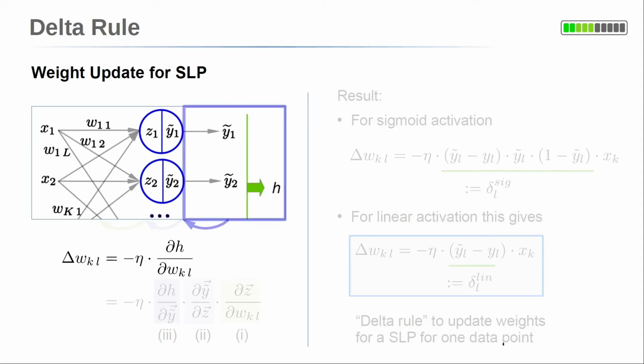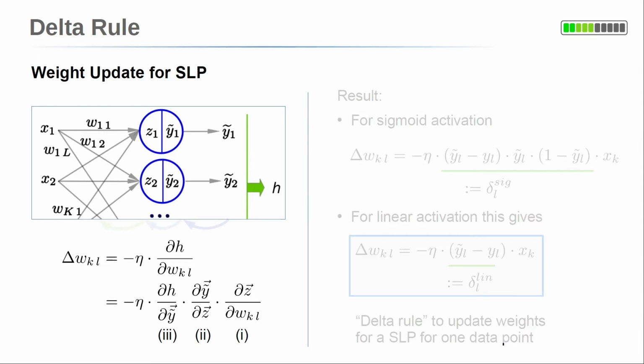The cost function depends directly on the output variables y tilde_l. The output variables are the activation functions of the corresponding summations. And the summations depend on the trainable parameters w. So we can express our component of the gradient of the cost function with the chain rule.